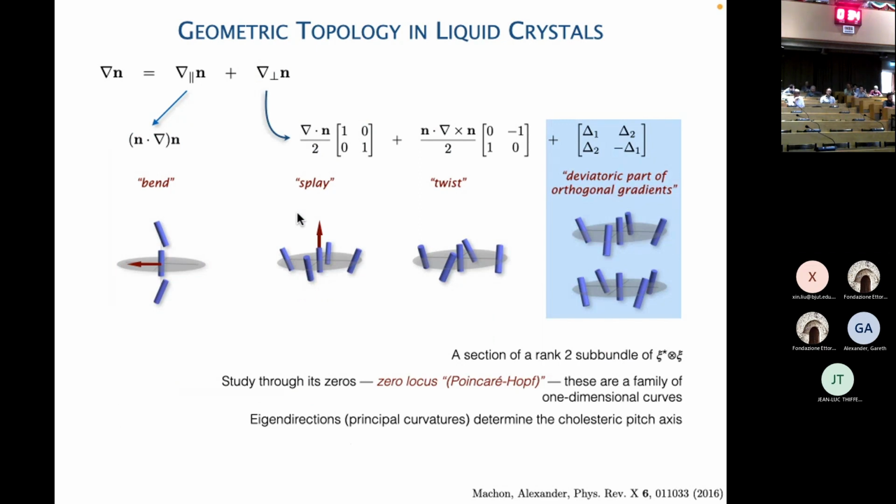Again, it turns out to be effectively a two-dimensional vector, and you study it through its zeros. And again, they're a family of one-dimensional curves. And I said already this part, because it's a little 2x2 matrix, it has eigendirections, and those are directions of sort of principal curvature in the material. So it's also interesting to look at those.